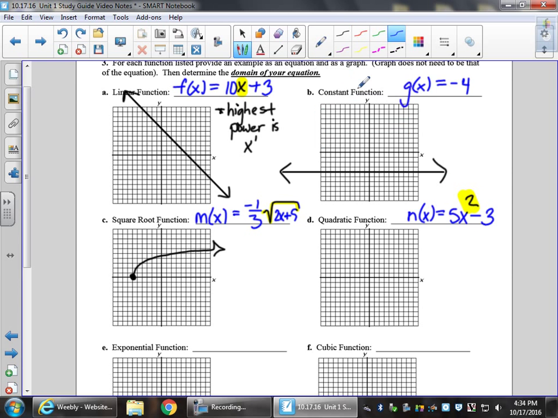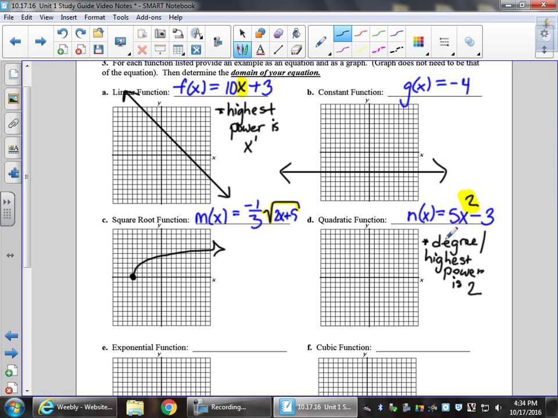You want to write that out for yourself? Degree means highest power, so degree or highest power is 2. And again, no square roots, no denominators, nothing crazy other than my nice little x squared right there.